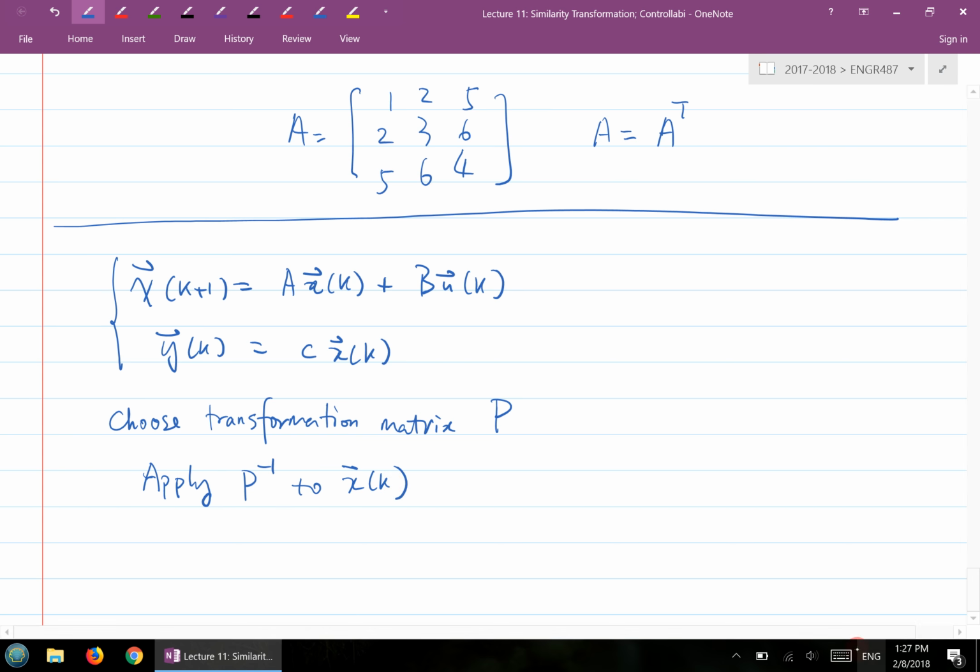The writing here is just for ease of writing in the future. You could say just P inverse here and P there, but that's okay.